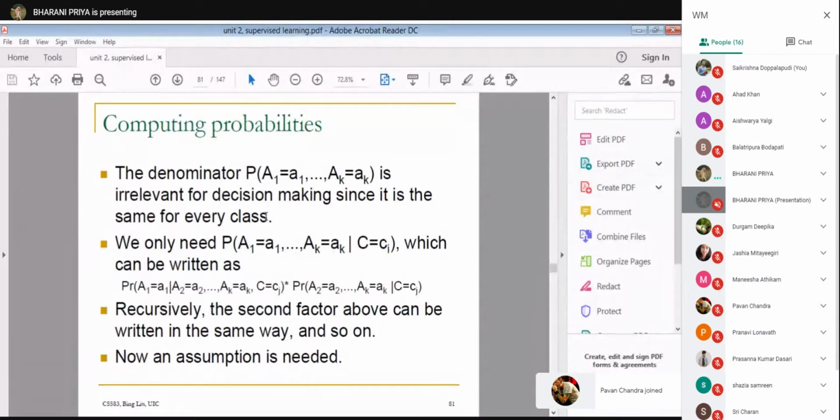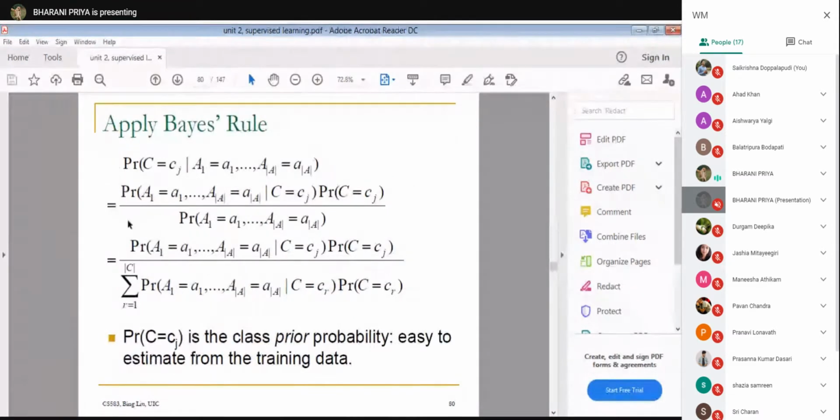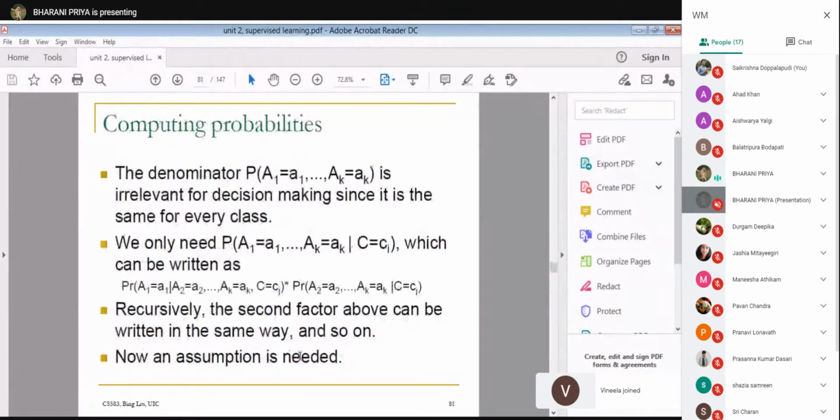In the previous formula, it was conditional probability into prior probability. And now here we are finding the probability of each and every attribute and its possible values.